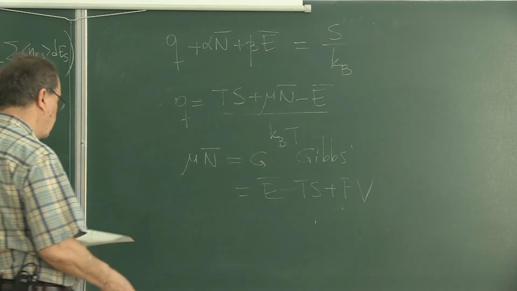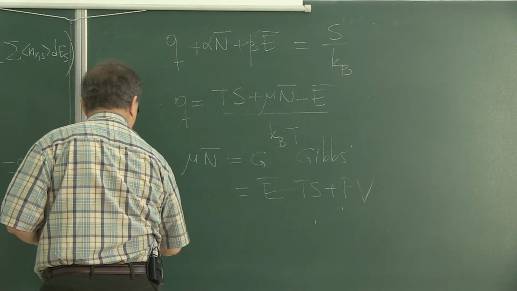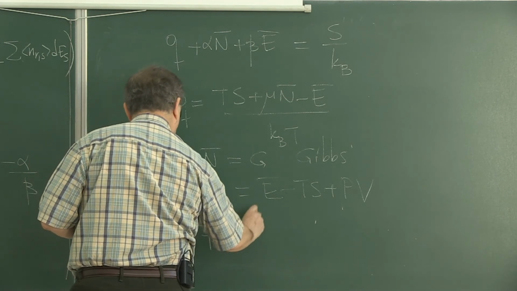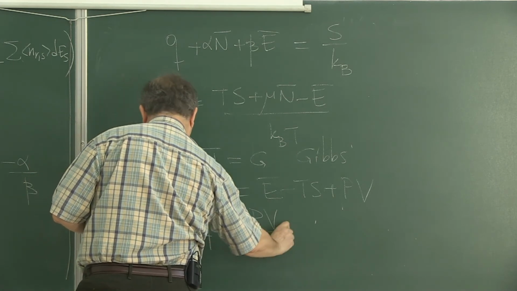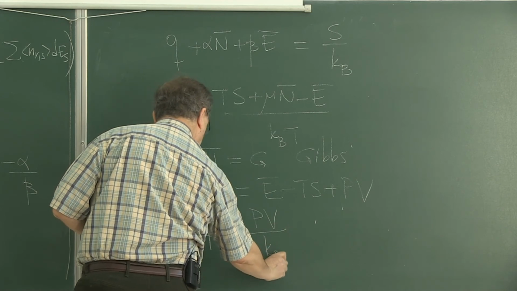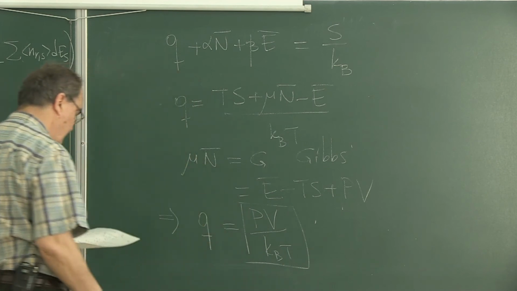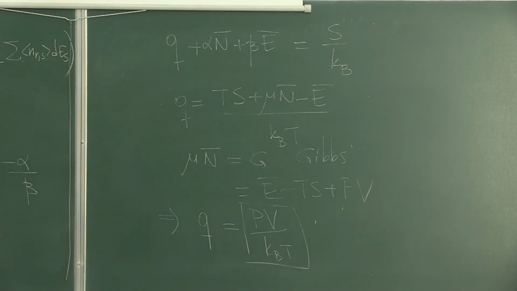So this is telling us then that the Q potential is nothing but PV over kBT. This is the link between thermodynamics and grand canonical ensemble.